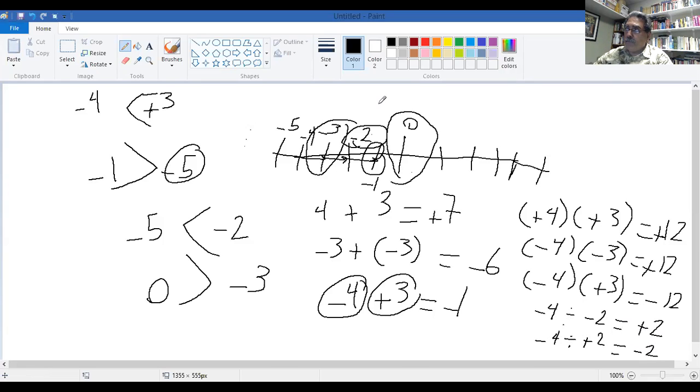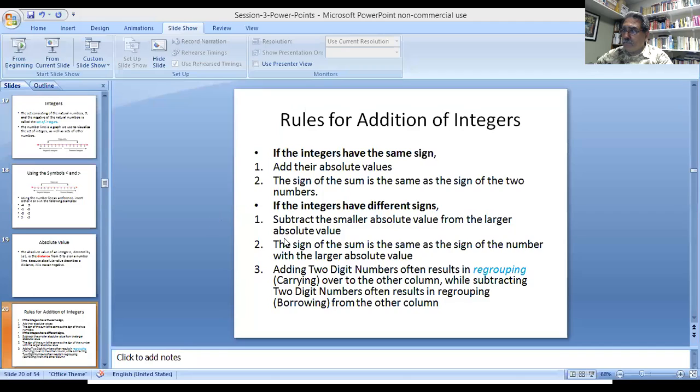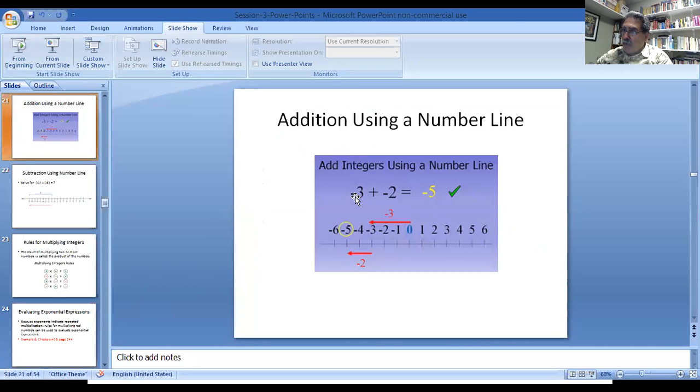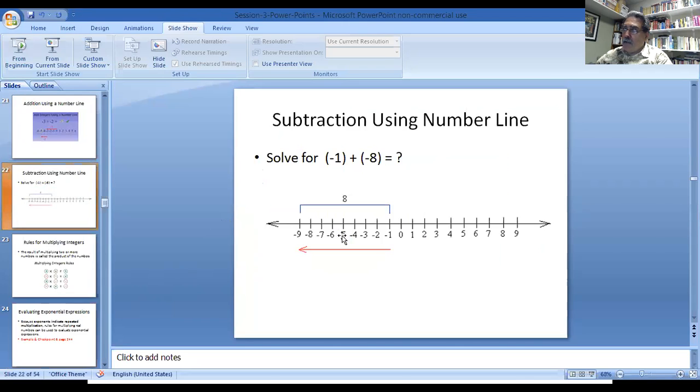Let's go back. Again, like -3 plus -2. You have -3 here, 3 distance units to the left of 0, and 2 more units, you end up at -5. Okay? Now, using a number line, here's a number line.